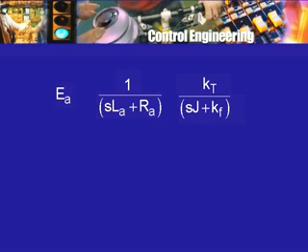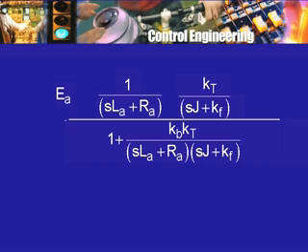This is the forward path gain. This is multiplied by the terms from delta that remain when we consider only loop gains which do not touch the forward path, but the forward path touches the loop, and therefore in the numerator I will have only 1. So I will have just that. This will be the numerator of the multiplier for Ea divided by 1 plus Kb Kt divided by the product of those two factors. This will be the coefficient of Ea.